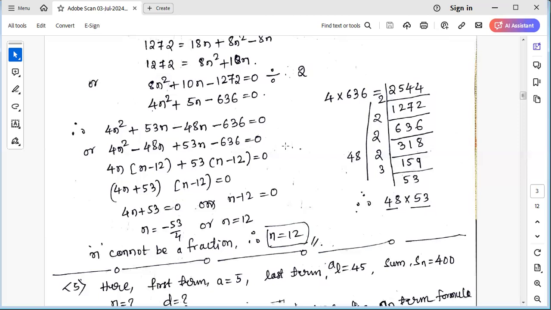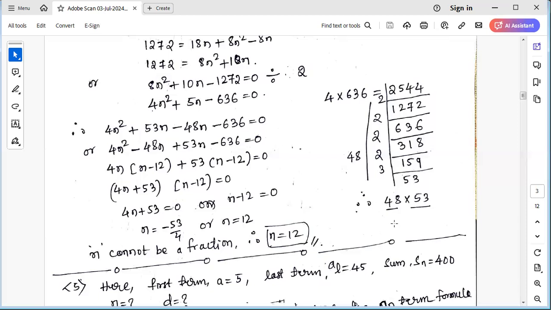And as you know, here plus 5n is there. And you have to give the sign for this in such a way that the middle term comes. So that is why I will make this as a minus 48 and this as a plus 53, so that plus 53 minus 48 gives 5.